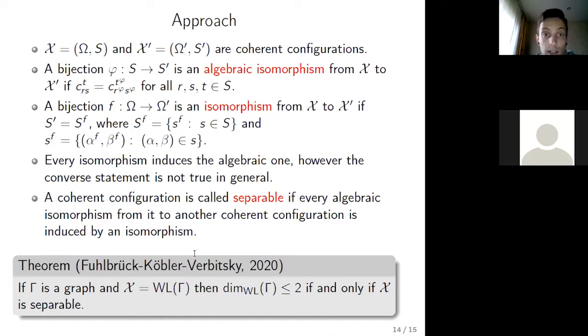A bijection from Omega to Omega prime is an isomorphism from X to X prime if it maps basis relations to basis relations.